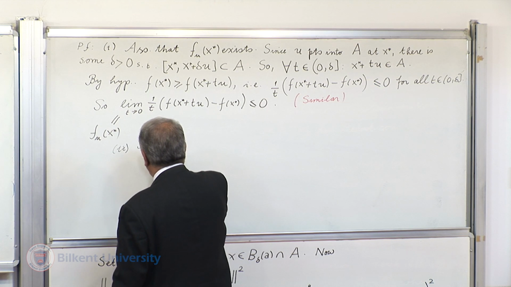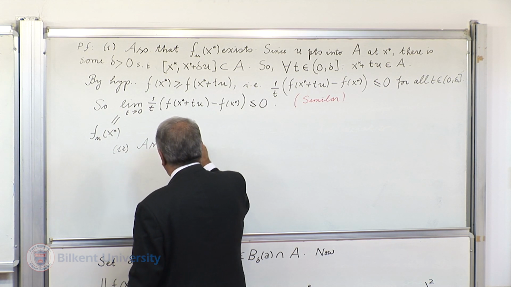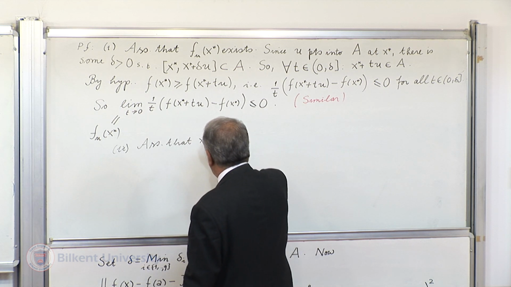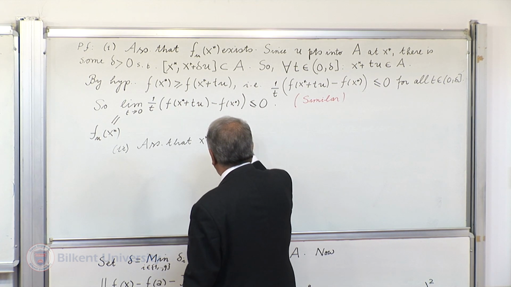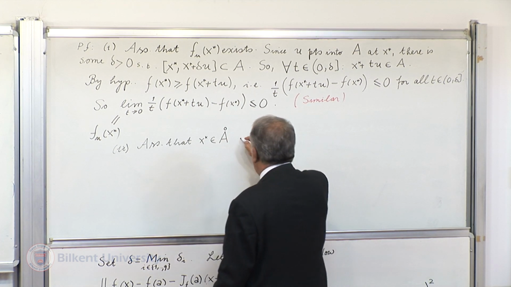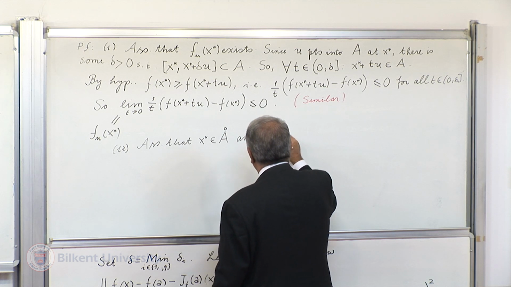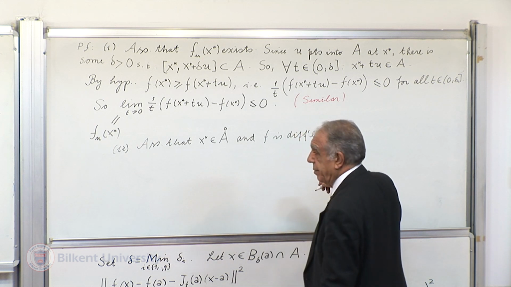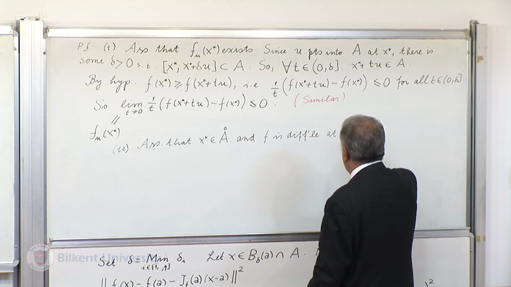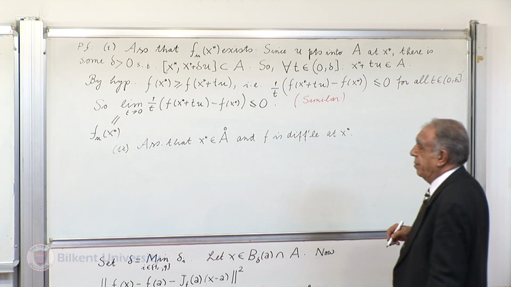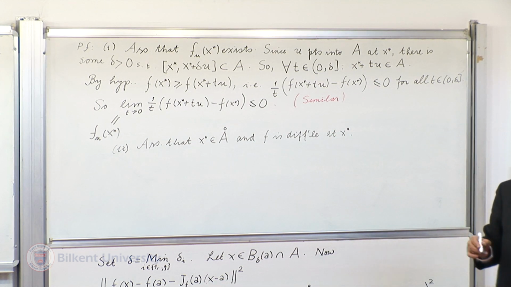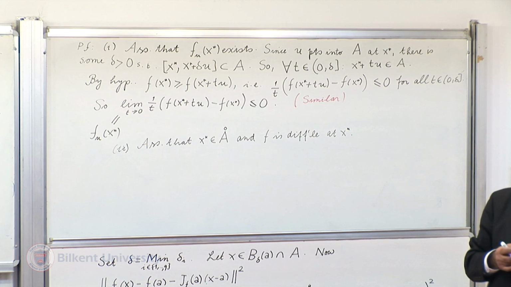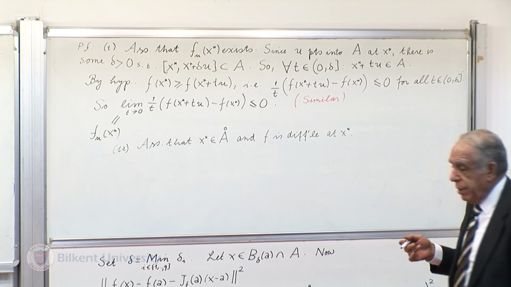assume that x star is in the interior of A and f is differentiable at x star. Now, any u in R^p will point into cap A at x star since it's an interior point.